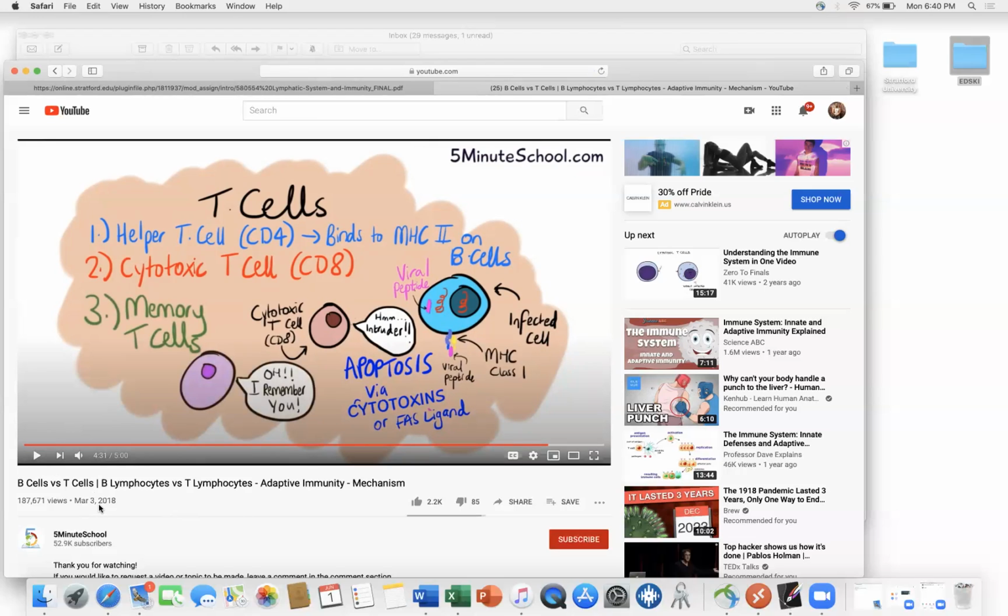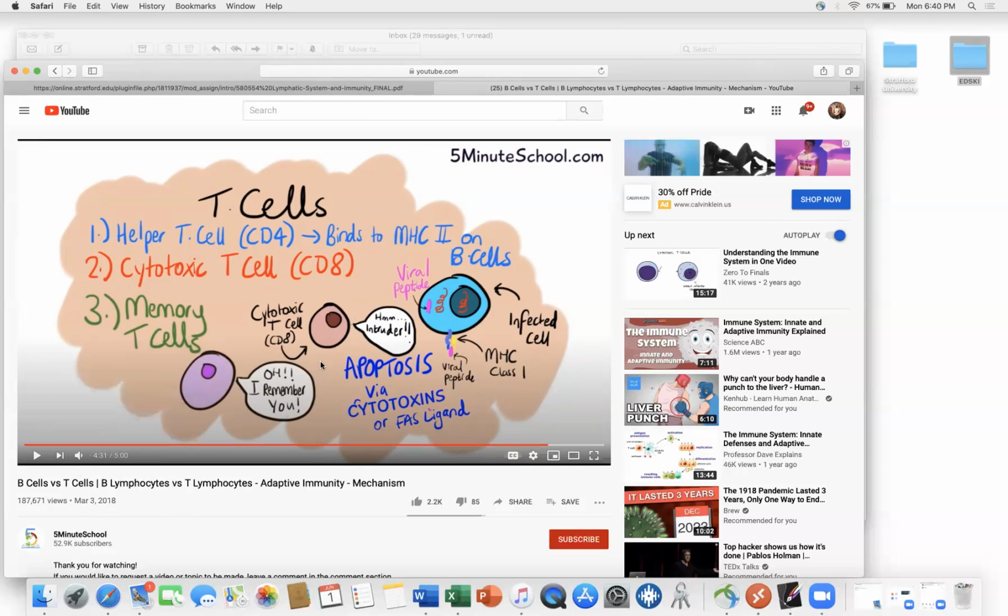So what is apoptosis? Cells have a certain life. Like I mentioned earlier, red blood cells have a shelf life of 120 days. So typically, a cell would keep on living longer.